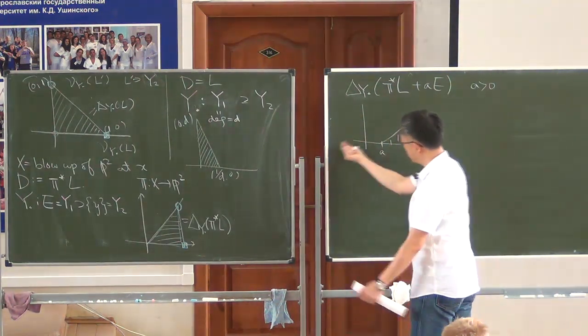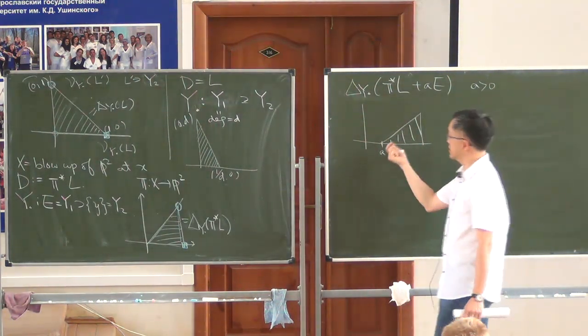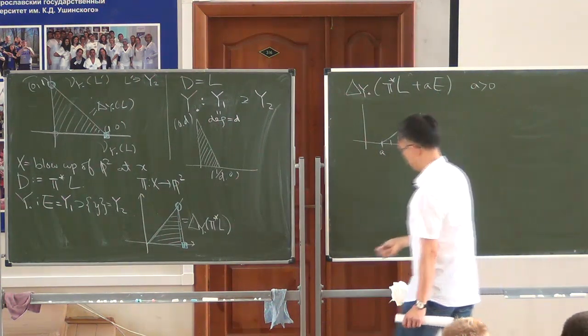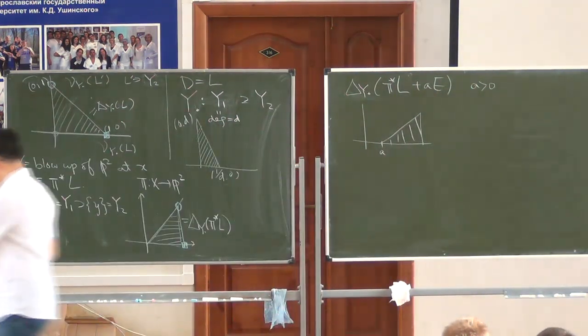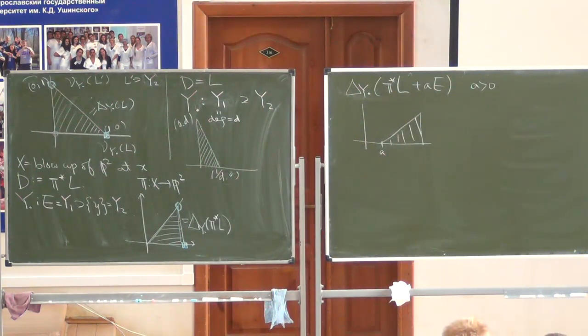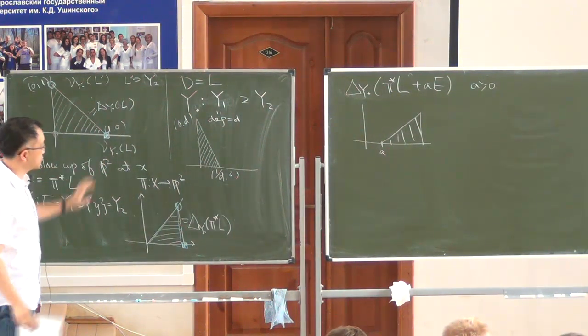You can shift along the first axis if you add this divisor. So these are very simple examples, but they already show very important properties of Okounkov bodies.